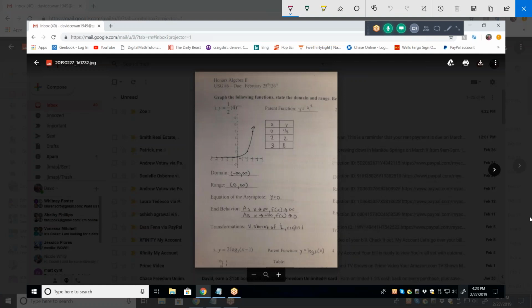So which one do you want to talk about? Like a problem or the graph? Either one. In other words, I want you to tell me which one you want to talk about. Maybe you know how to do number one just fine, or number two. Well, I know how to do the graphs. I know how to do all of the graphs for this unit, but it's the equations and expressions that I'm struggling with.